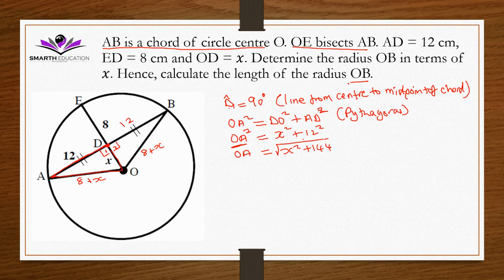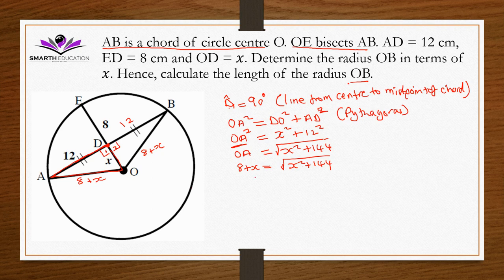Now let's put our 8 plus x, because we know that OA is 8 plus x. So it's going to say 8 plus x is equal to the square root of x squared plus 144. Now we have a surd equation here. Remember that surd, S-U-R-D.